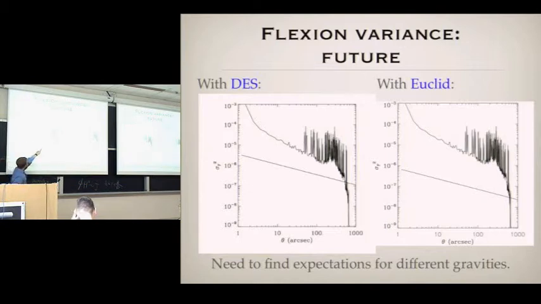This straight line is the 1 sigma in 1 arcsecond bins, so you can see that every single 1 arcsecond bin will have a very strong flexion variance signal with both DES and even more so with Euclid. And of course this will be sensitive to different gravities, but it will also be very sensitive to the astrophysics of what's going on in the baryonic region. So an awful lot of work has to be done to interpret the results we get.